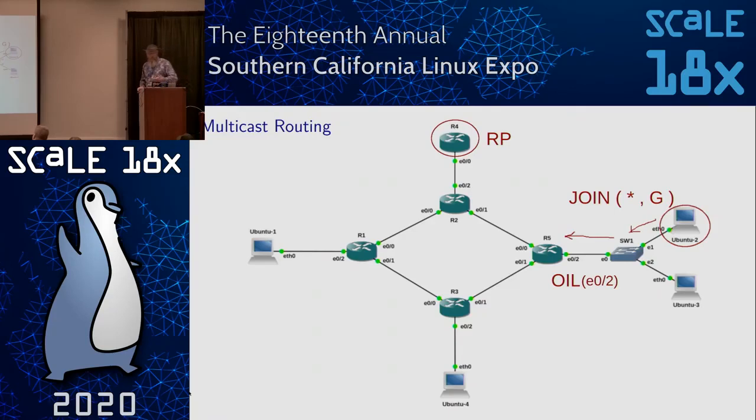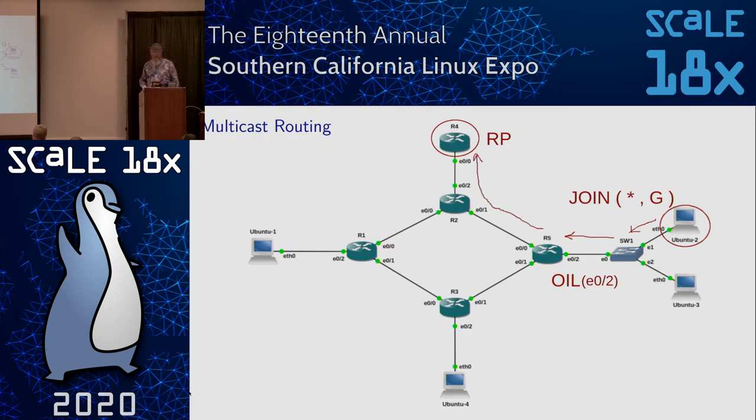So router 5 adds this interface here, E02, into its outgoing interface list, just to say that somebody on this interface, I don't care who, in the case of IPv6 it doesn't record your IP address or anything, it just says this interface has an interest in this group. So I'll keep a note of that and I'll forward the packet on.